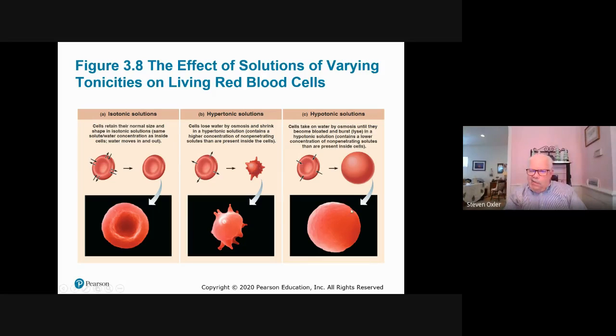If outside of the cell contains too much water, then the water will get into the cell, and if too much water gets into the cell, this red blood cell will burst. And that's called lysis or lysing. So this is crenation, shrinkage. This is lysing or bursting. Too little water, too much water.